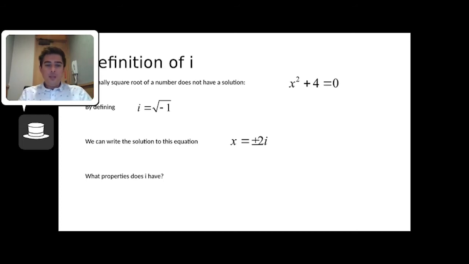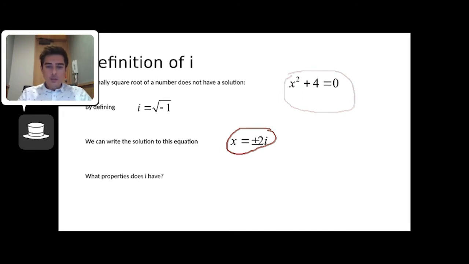So in this case, you can write down the solution to this equation, x squared plus 4 equals 0.